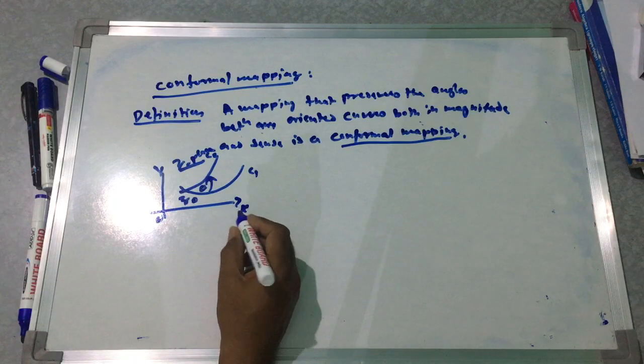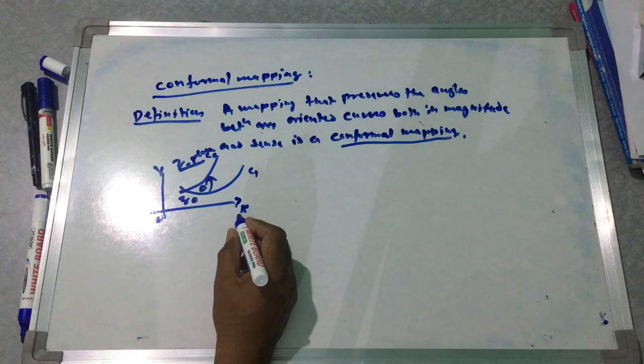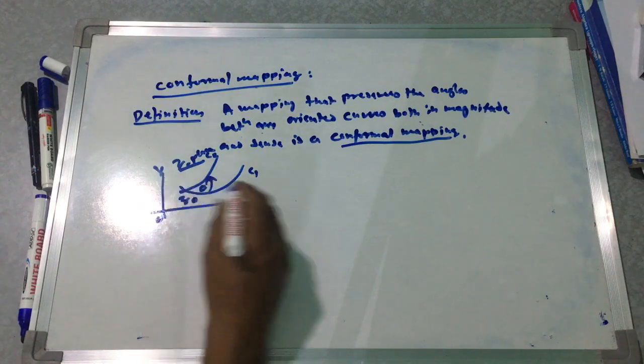Let them be mapped respectively onto the curves C1 dash and C2 dash.